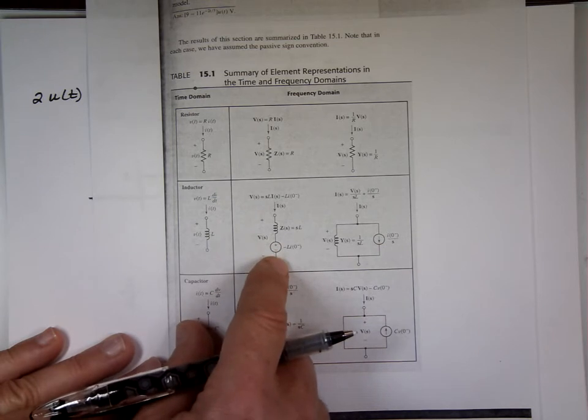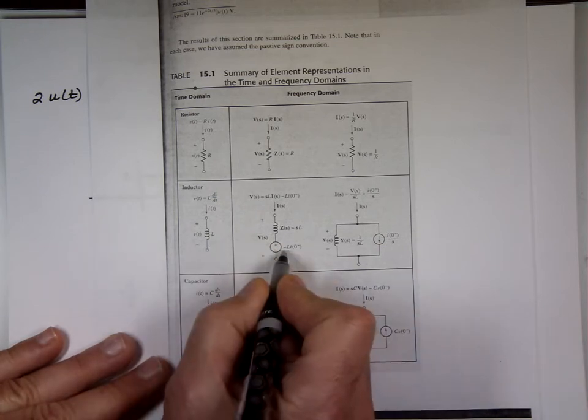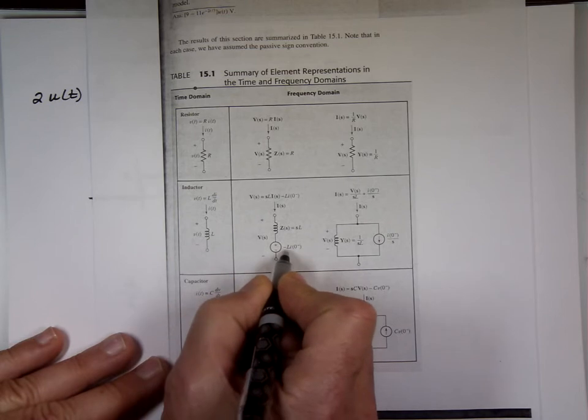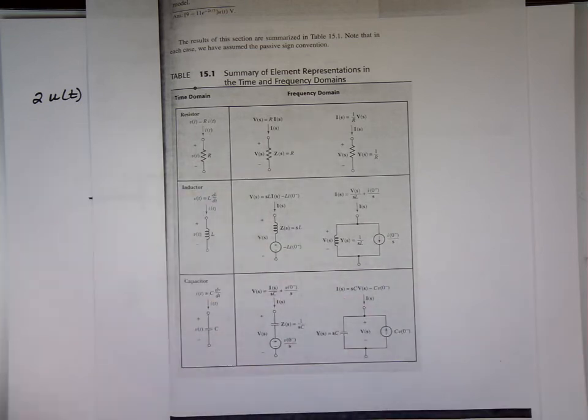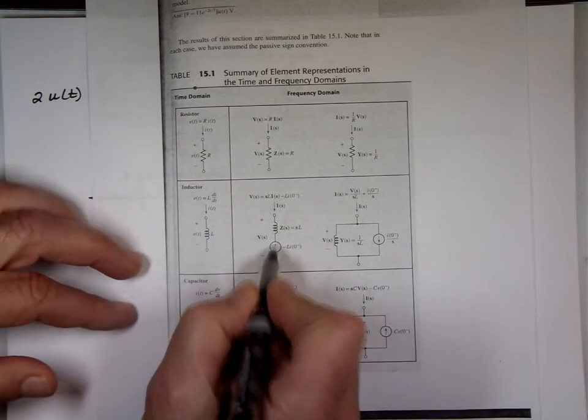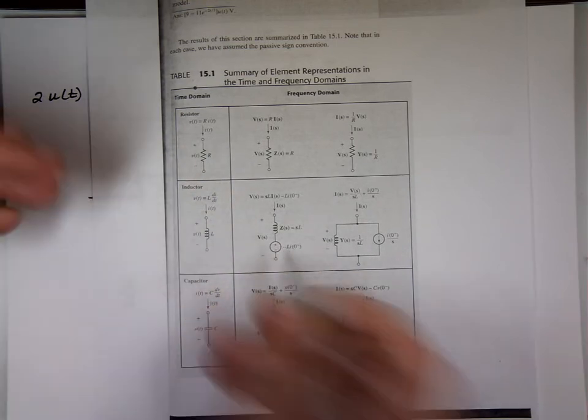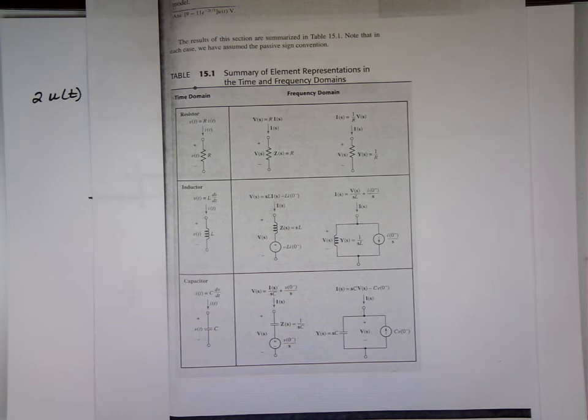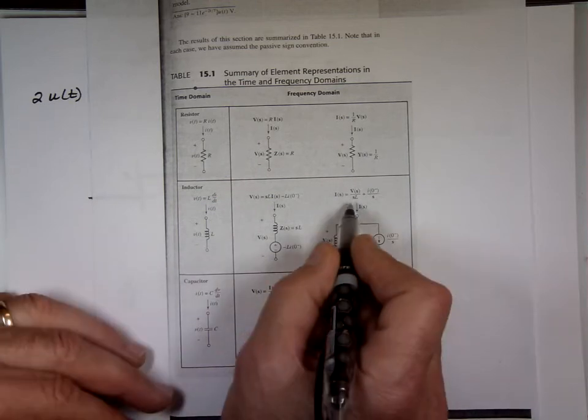It's plus to minus, and the value is negative here, which means really negative to plus with that being positive here. I'm not sure why the book used negative here. I would have switched the sign, made minus on the top, plus on the bottom, and made that a positive. It's the same thing. But the reason is that the Laplace of the derivative is sL minus I sub 0. And this is the Laplace of the integral.